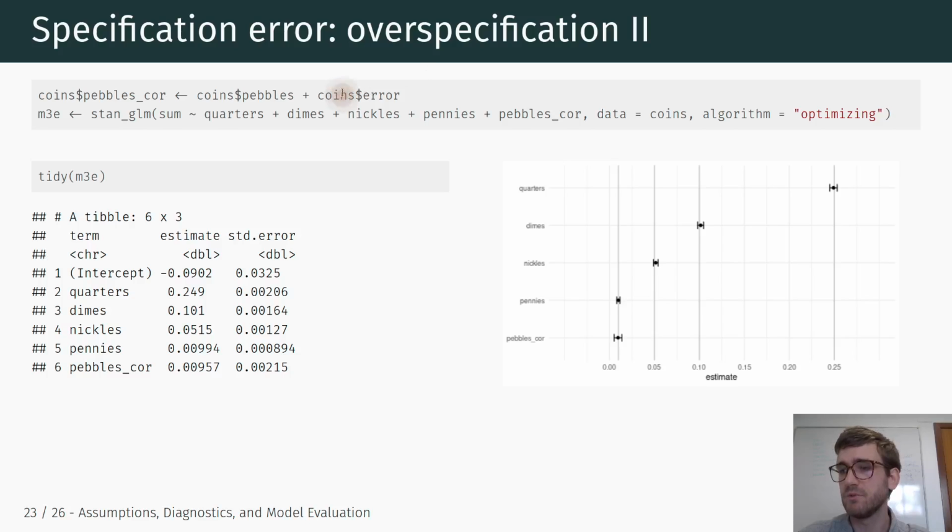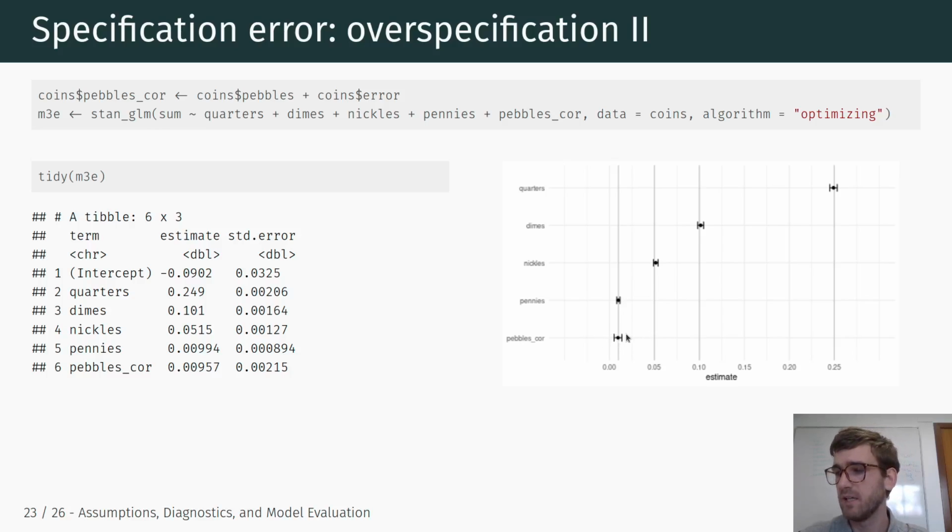is now correlated with the error term, right? By adding the error term, by capturing the number of pebbles, we're capturing something that is correlated with the error, and that biases our estimates again, right?